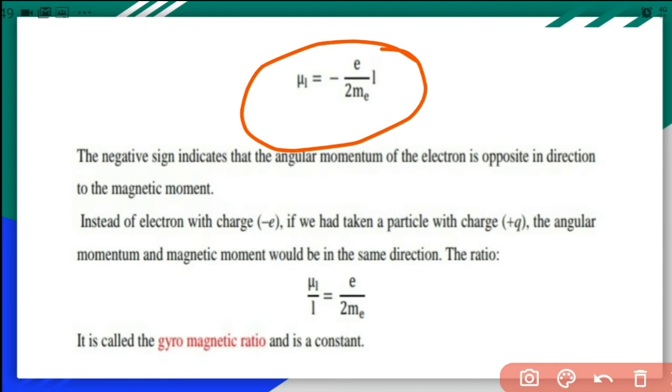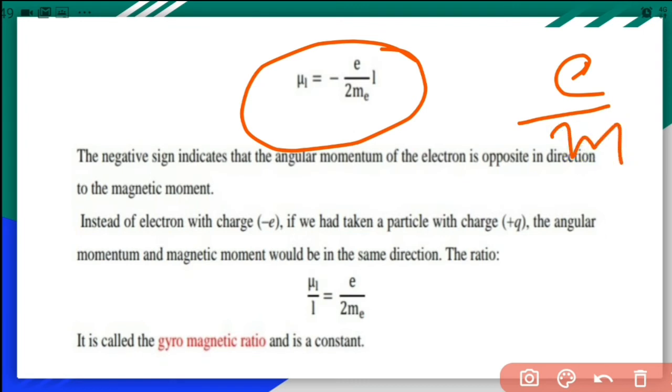So gyromagnetic ratio is nothing but the ratio of orbital magnetic moment to angular momentum. That ratio is the gyromagnetic ratio, and that is equal to e by 2 m e. e by m e is nothing but the specific charge, that means the charge to mass ratio of the electron. Usually we speak about this e by m.